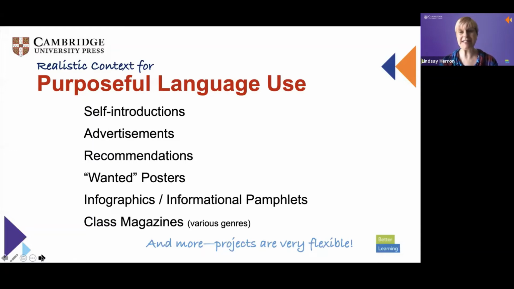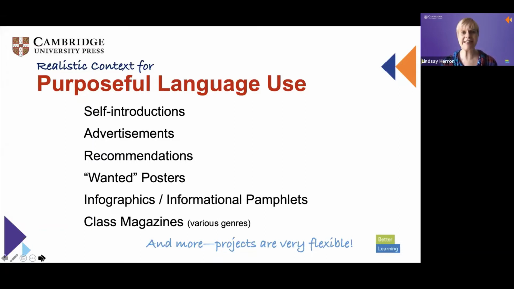So the first reason is projects can provide a kind of realistic context for purposeful language use. We all know that mindless drilling and mindless translation doesn't lead to learning a language. What does lead to learning a language is purposeful communication. And that's what projects can do.